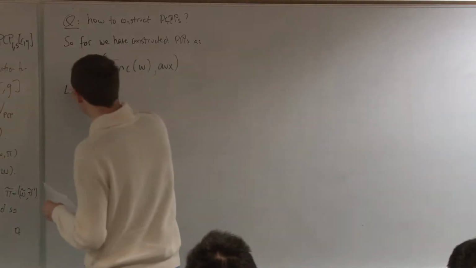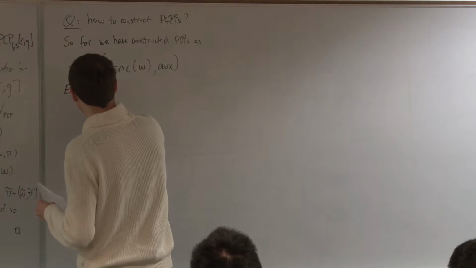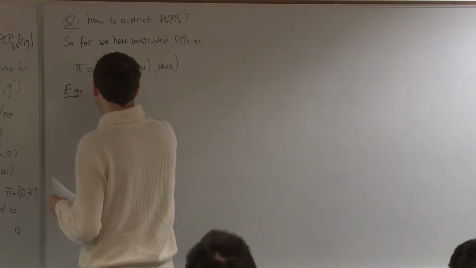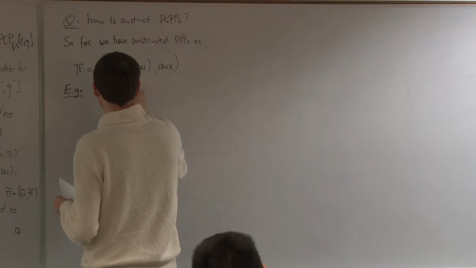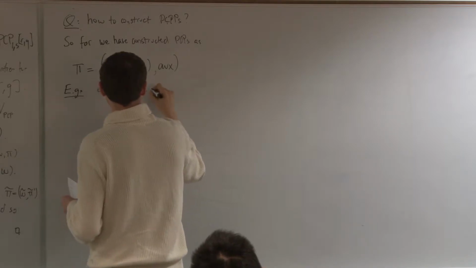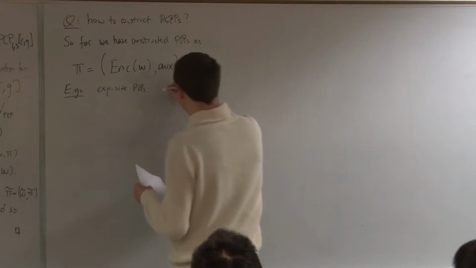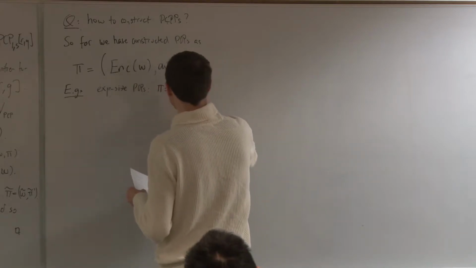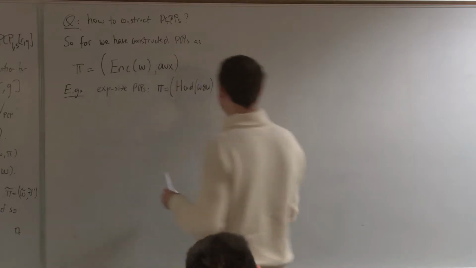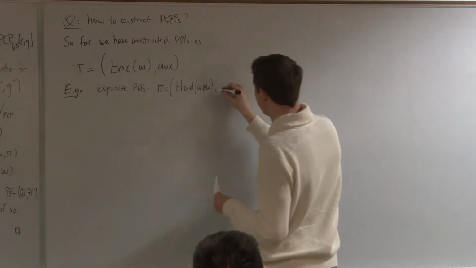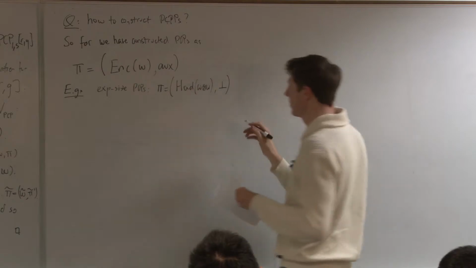So in terms of examples, for the exponential size PCPs, the proof was a Hadamard encoding of the tensor product of W with itself, and actually there was no auxiliary information.